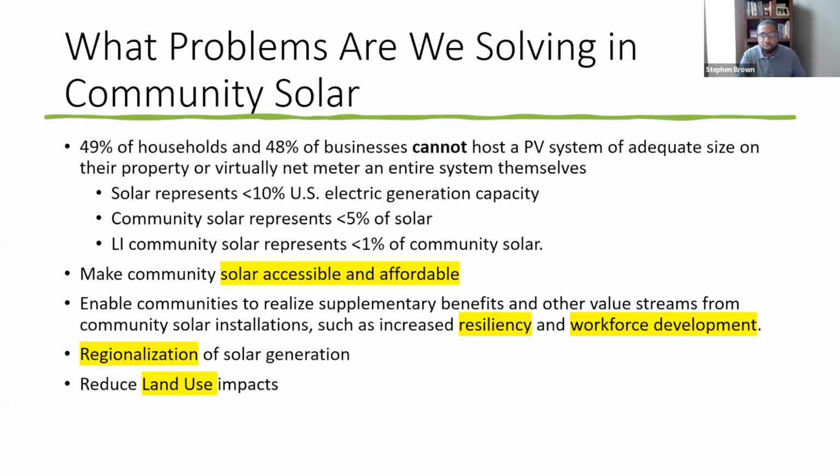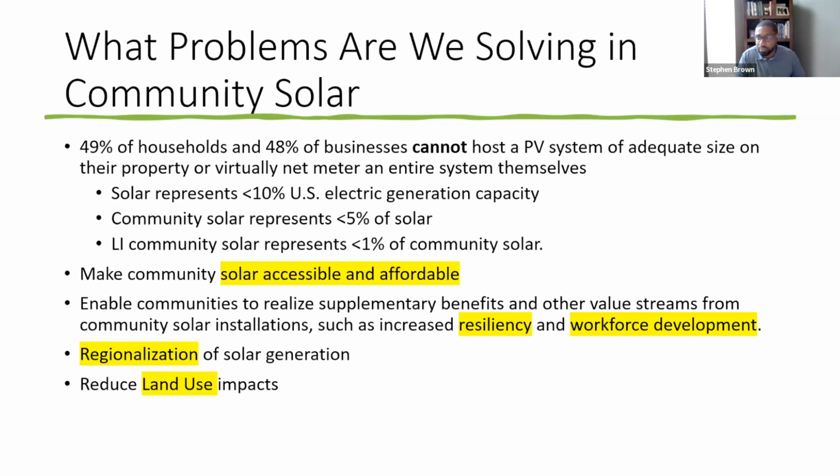By way of numbers, about half of Americans don't have rooftops to be able to support solar. And if you drill down a little bit more, you'll see that solar itself represents less than 10% of electric generation in the country. Community solar is about 5% of that solar number.